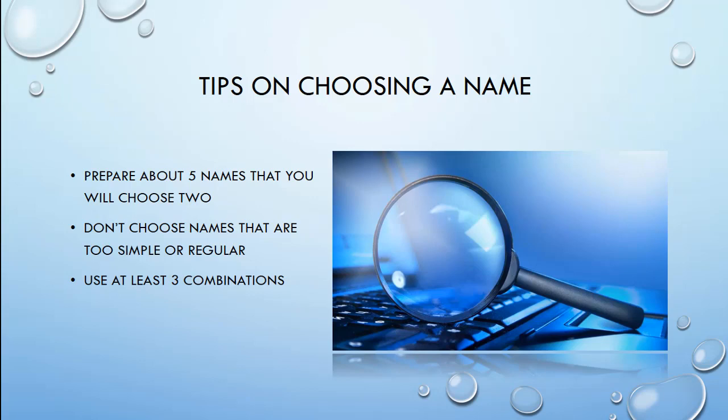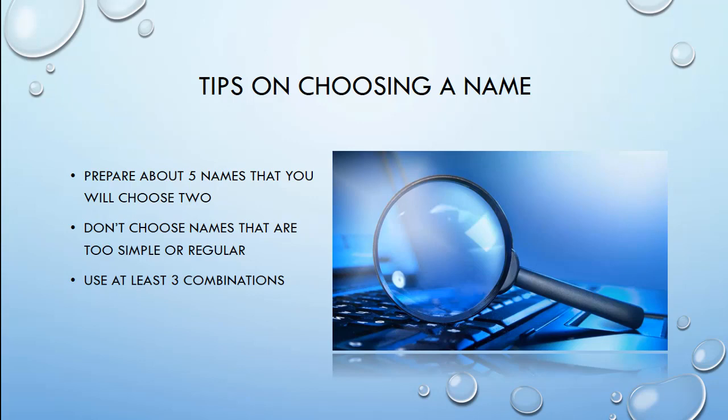Just choose names that you know are not that regular or not too simple. Let's say now you want to choose a name and you choose a name like Sky Blue Technologies. Of course, you know somebody is going to use that already because it's a very common name. So just see how you can formulate a name. You can combine your first name and your last name or something. Just come up with something and then you choose the name.